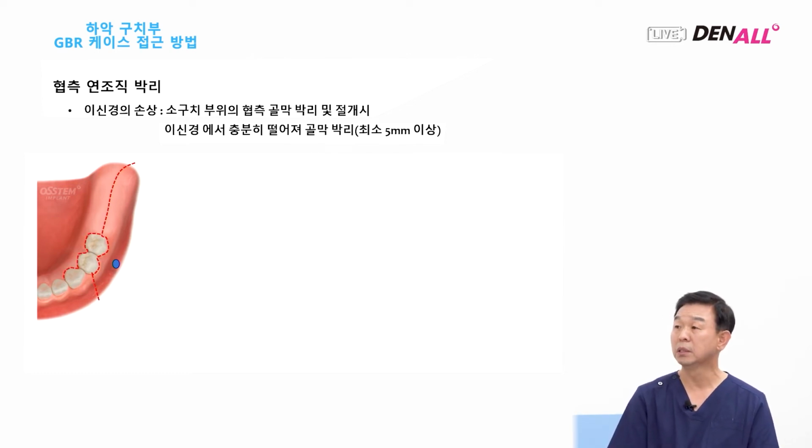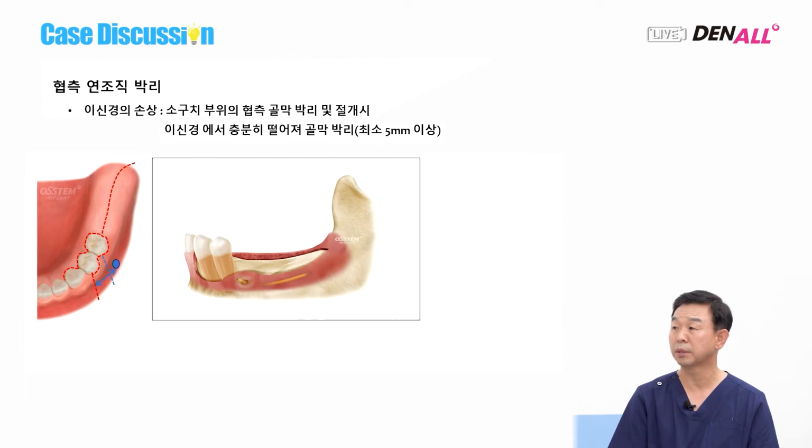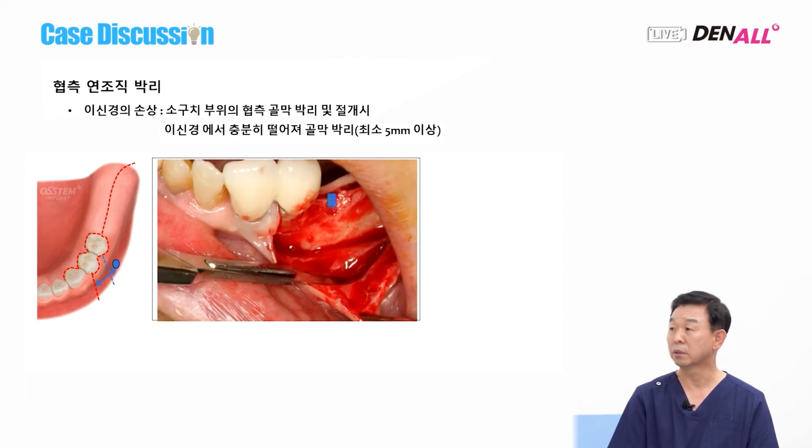So we need to dissect, and on the buccal side, we need to be careful not to damage the mental nerve. The vertical incision should be made at least 5 millimeters away from the nerve, and the periosteal incision should be made sufficiently so that soft tissue can be extended.